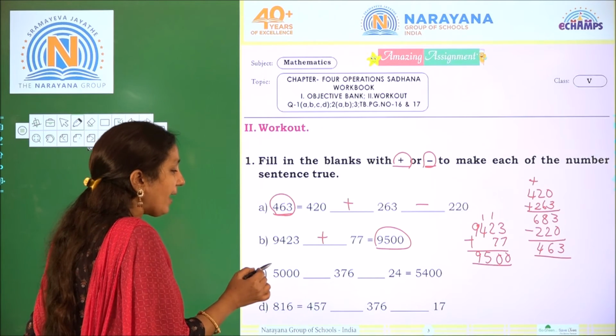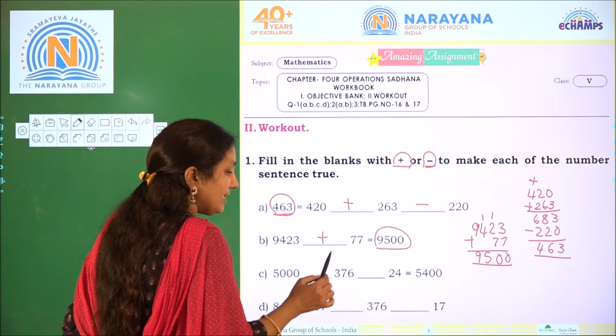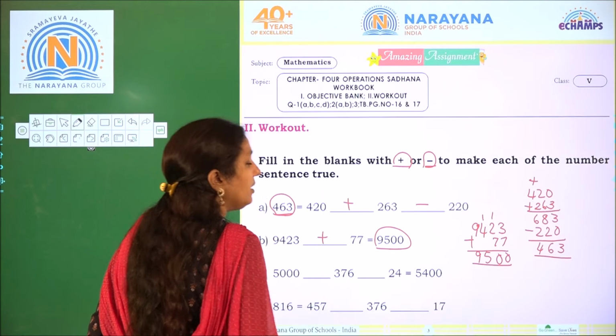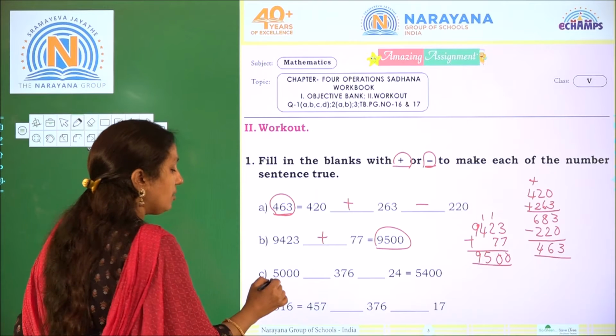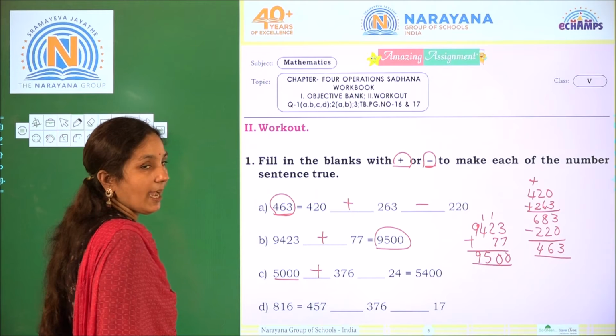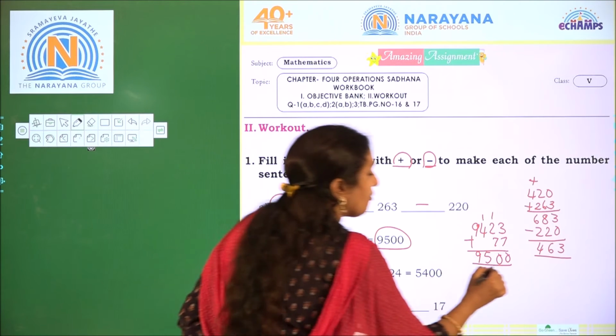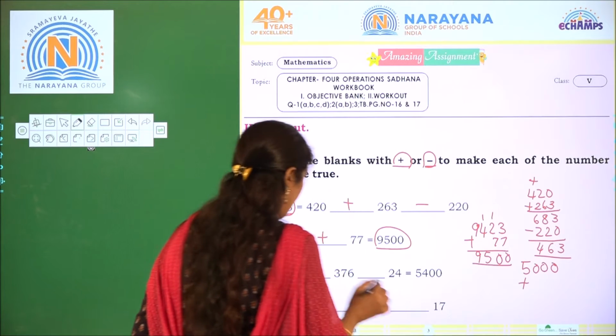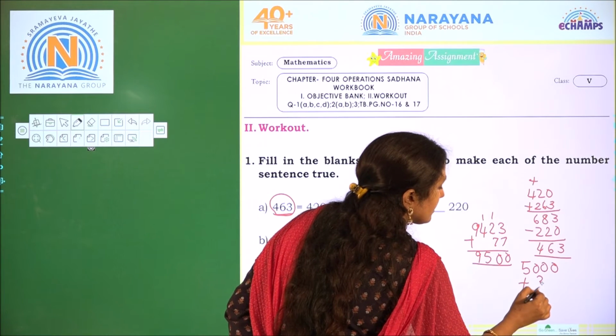Okay. Now coming to 5000 dash 376 dash 24 equal to 5400. So first 5000. Just I am writing plus. So 5000 plus 376.